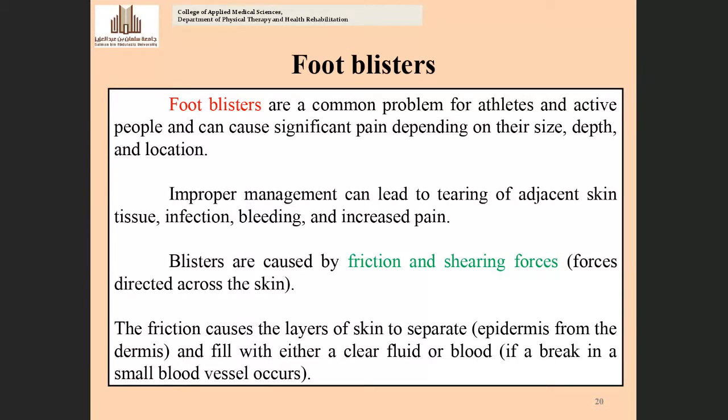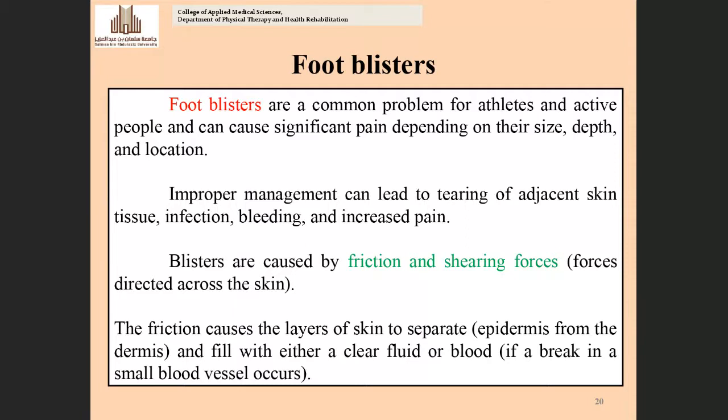Improper management can lead to tearing of adjacent skin tissue, infection, bleeding, and increased pain. If you have not treated foot blisters properly, it may lead to infection, bleeding, and more pain.